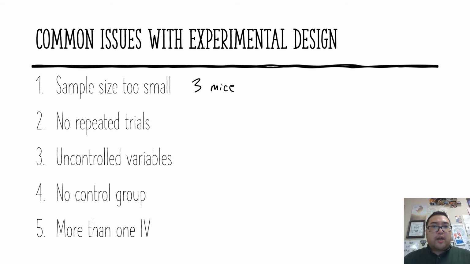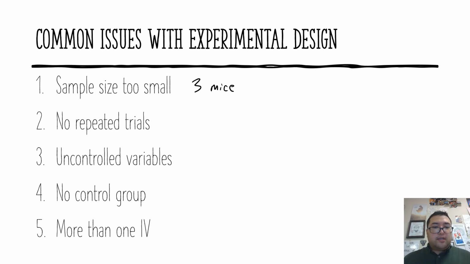No repeated trials, if I conducted that experiment only once. So that's bad. Uncontrolled variables. Again, things that we couldn't keep all constant could potentially have an impact on how we interpret results.